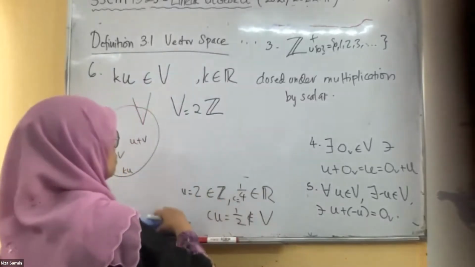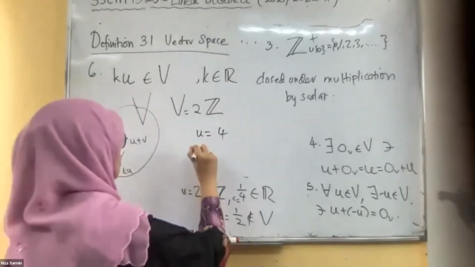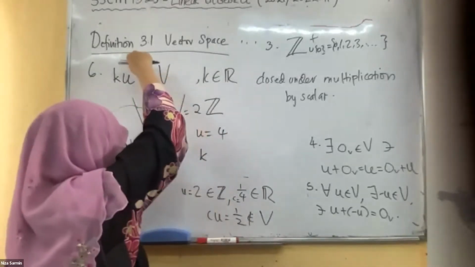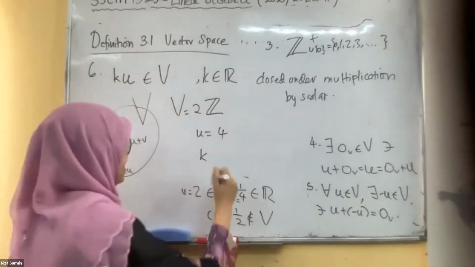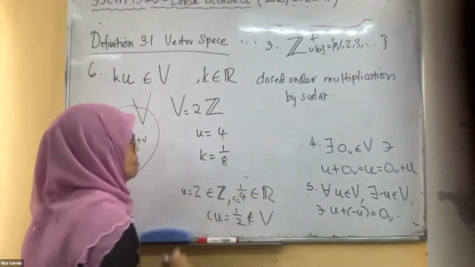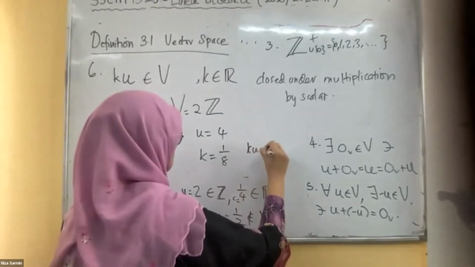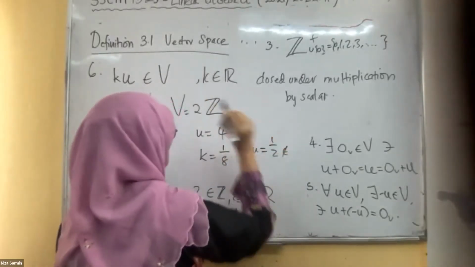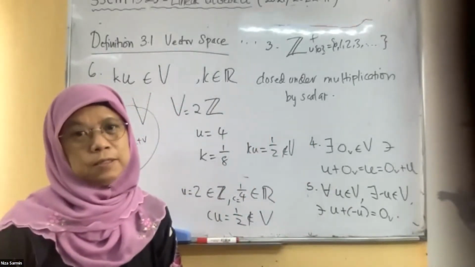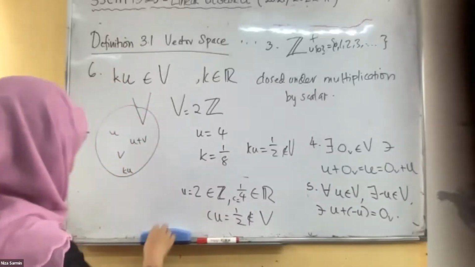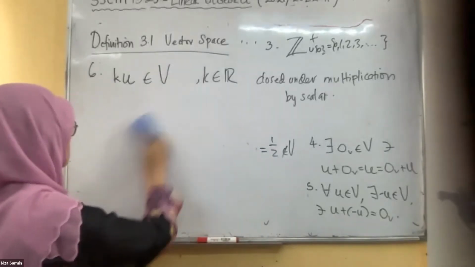So suppose u is 4, and k is 1/8, right? So ku is half. This is not in V. Still, it's not a vector space. Okay. Number 7.